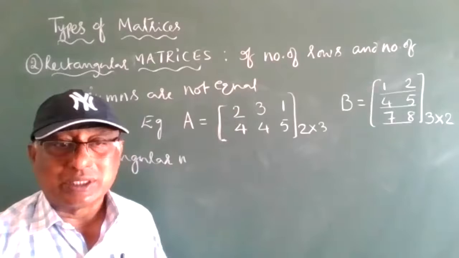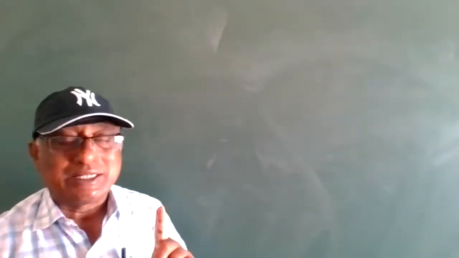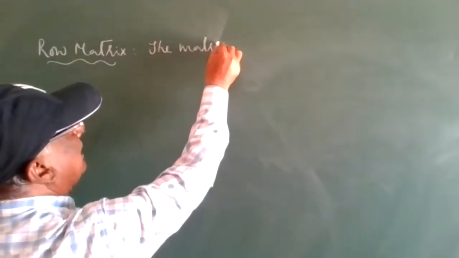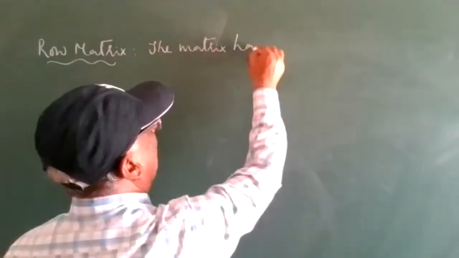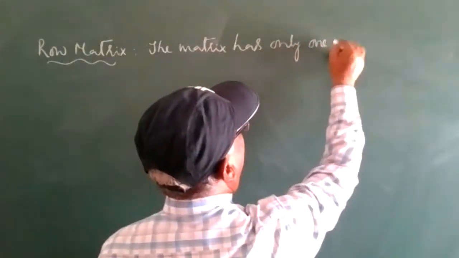Next, the third one is the row matrix. It has only one row.